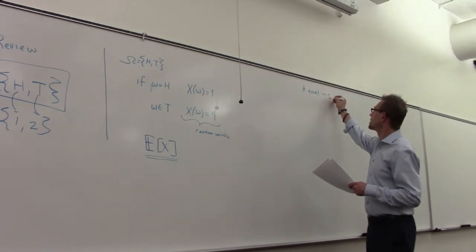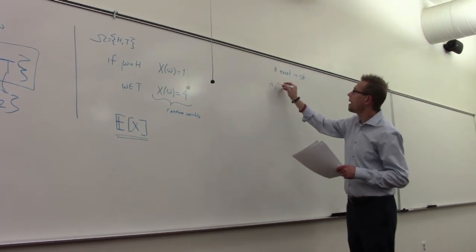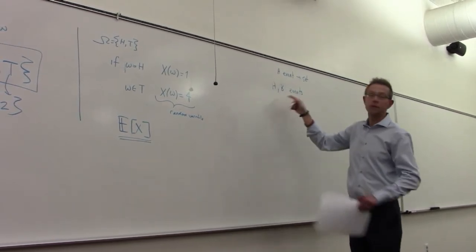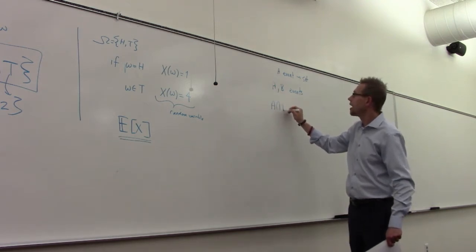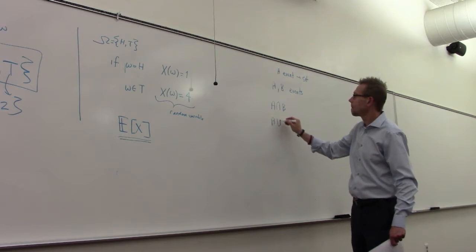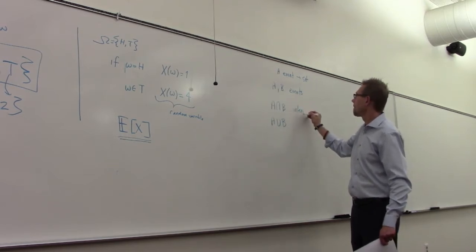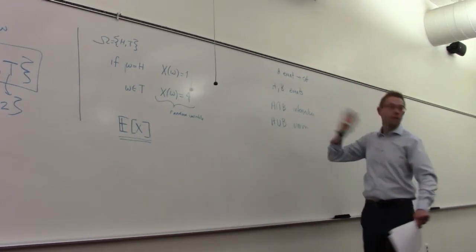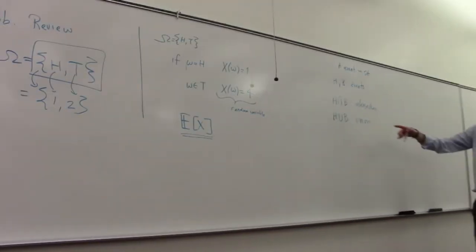Just remember that this is a set, and therefore if I have A and B being events, you need to remember that these operations are valid. So this is intersection. This is union.